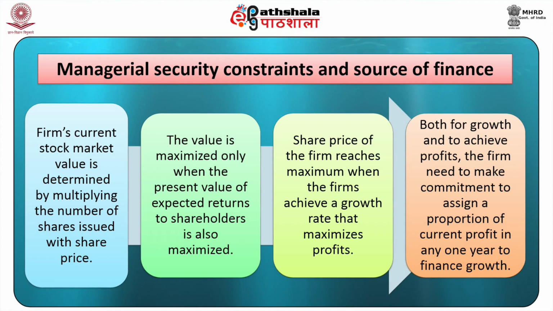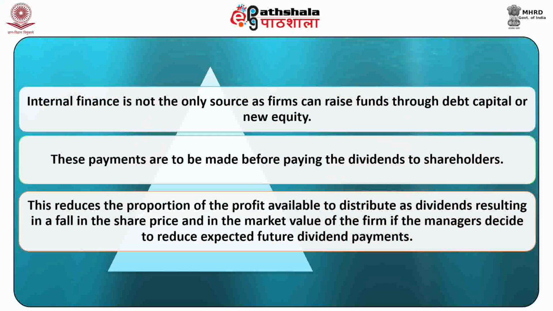Both for growth and to achieve profits, the firm needs to make a commitment to assign a proportion of current profit in any one year to finance growth. Internal finance is not the only source, as firms can raise funds through debt capital or new equity.